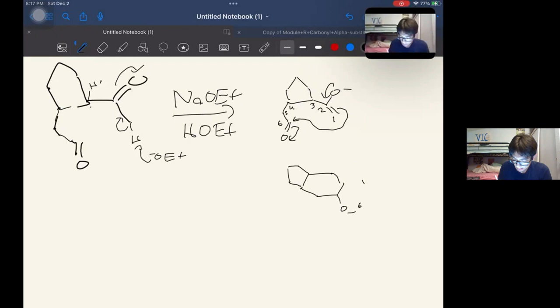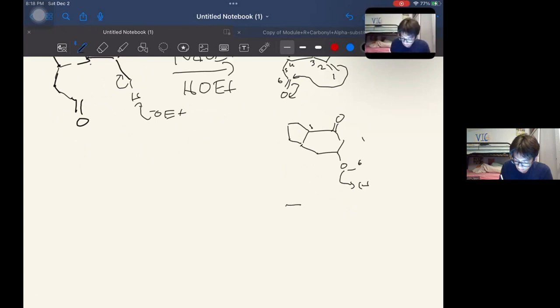And 3 here is connected to 2, which has a double bonded oxygen. Then the O negative would react with an H. It would look like this.